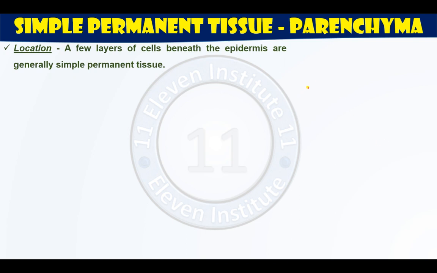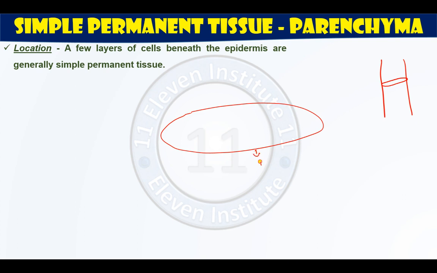So suppose this is a stem and we cut a thin slice from over here, and if I highlight it, like this is a thin slice, and suppose this outer covering is the epidermis, then a few layers after the epidermis, these cells which are present just below the epidermis, right, these cells are actually the parenchyma, right, just below the layer of epidermis, but this is continuous like this, the entire border.